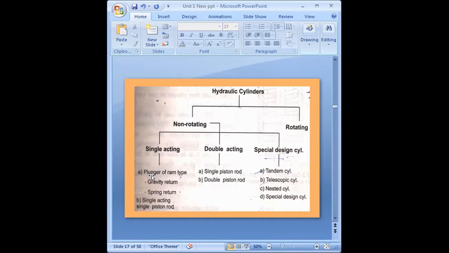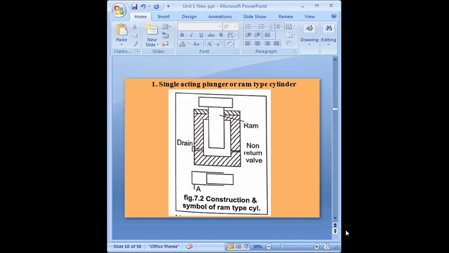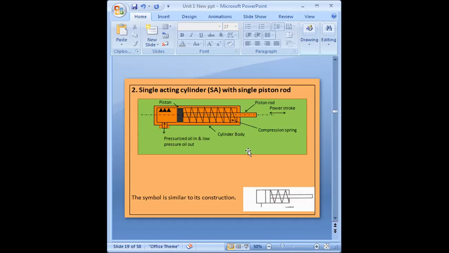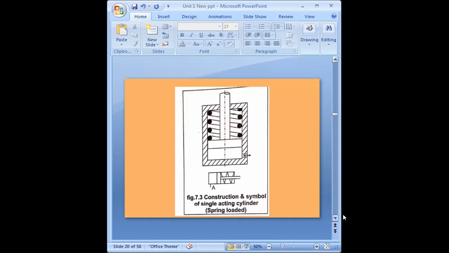Now we'll go for the single acting cylinder with single piston rod. Getting it? With the help of this diagram, I will explain to you. I have shown this single acting cylinder with single piston rod in this schematic diagram.